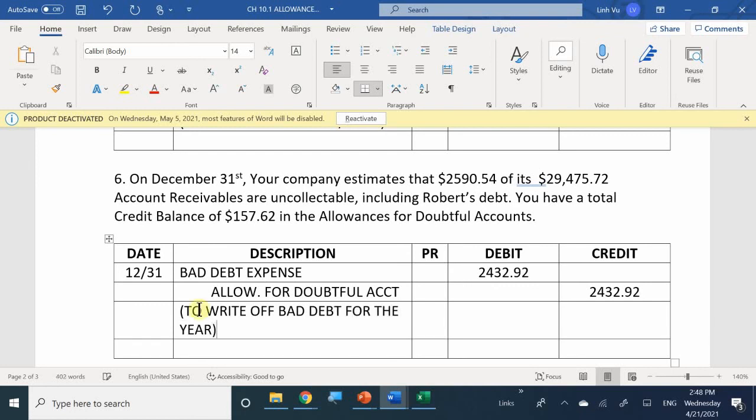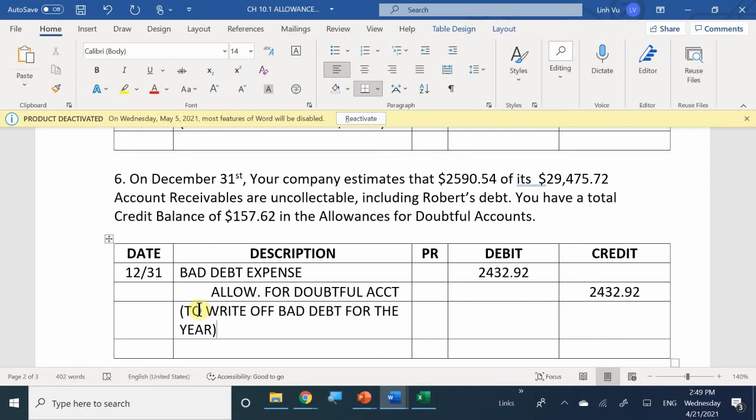To write off bad debt for the year. We recognize the estimated amount, 2,590. We also recognize the accounts receivable. That should be the trigger word to make sure we know what our balance is in the allowance for doubtful accounts.